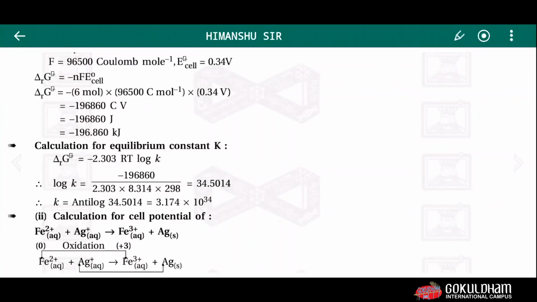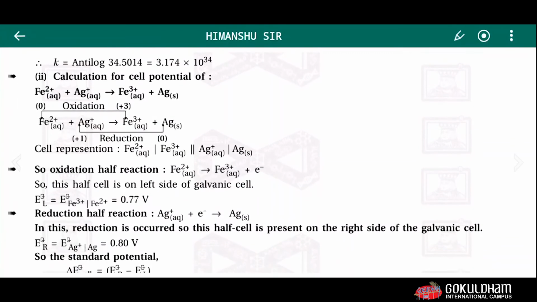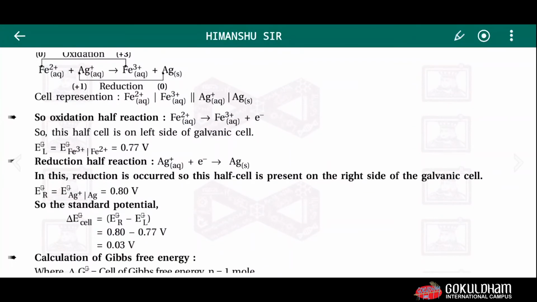Our second case, of Fe and silver, you can calculate from this solution. The value for ferrous is 0.77 volt and the value for silver is 0.80 volt. The bigger value is 0.80, so silver will undergo reduction and ferrous will show the oxidation process.